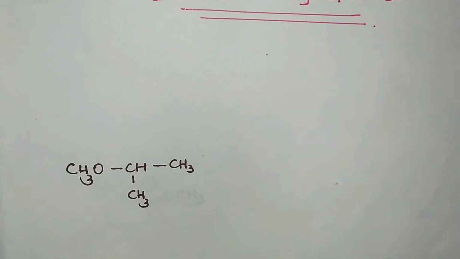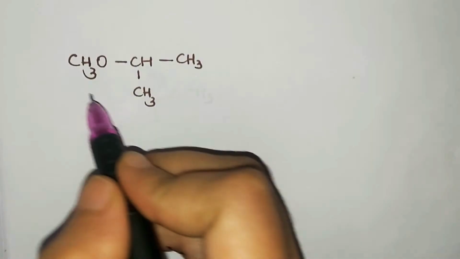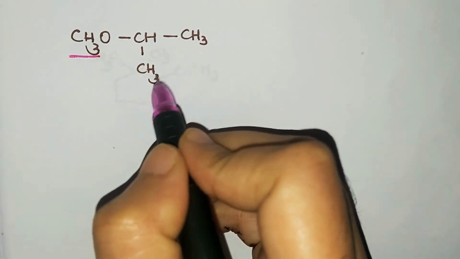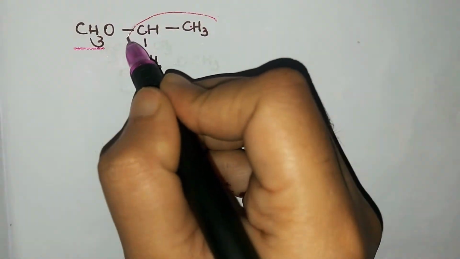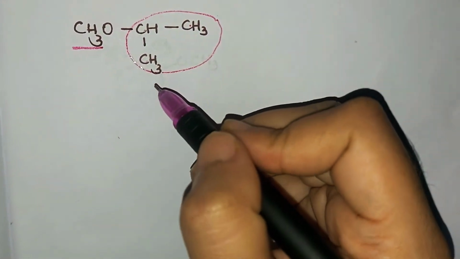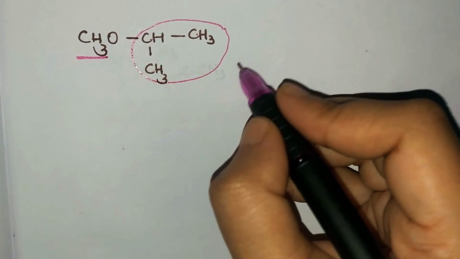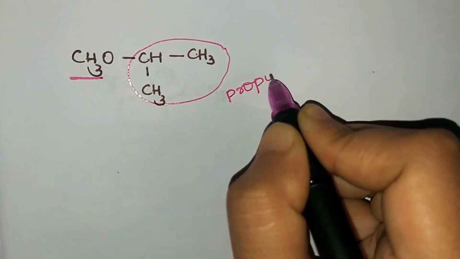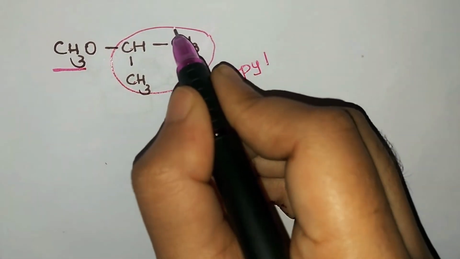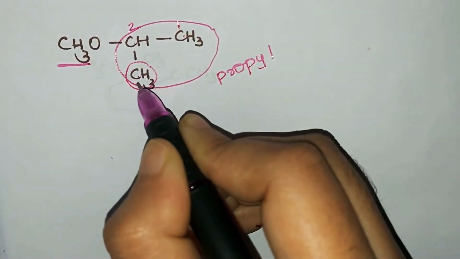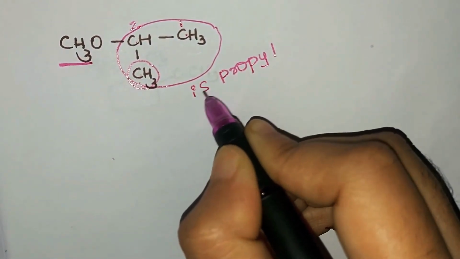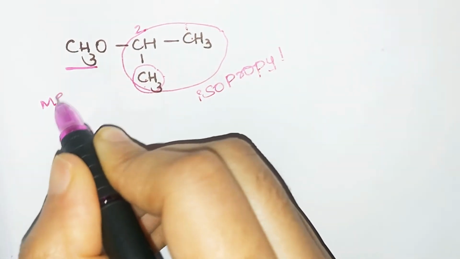So you can see here you are having CH3O, CH, CH3, CH3. So how many carbon atoms are there? 3 carbon atoms. Hence what is the common name? Propyl. Along with that you observe that the second carbon atom is having one methyl group. Hence we use the prefix iso in common naming, and another group here is methyl.